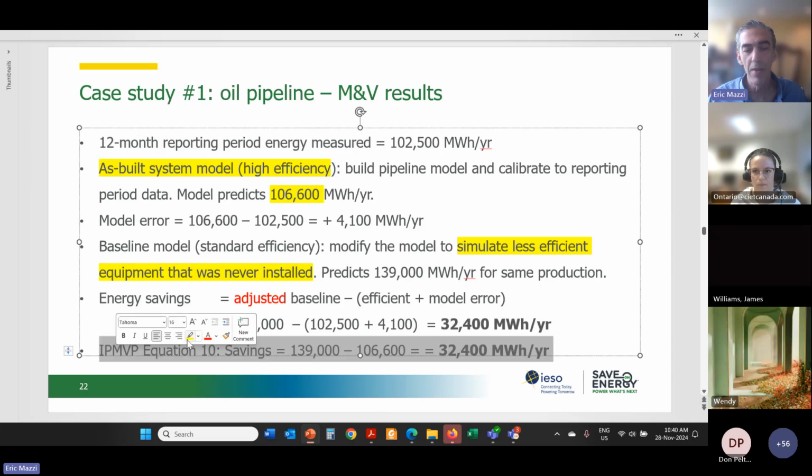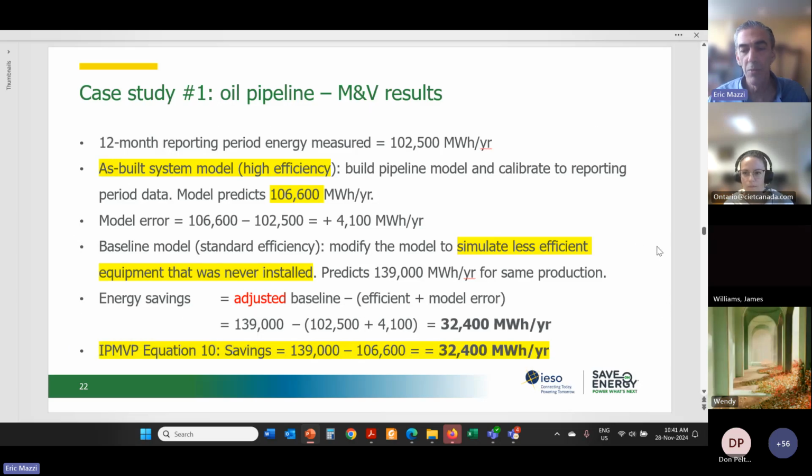If you look at IPMVP Equation 10, which is the same equation a couple slides back, the savings is the baseline model prediction for the hypothetical inefficient baseline, 139,000, minus the calibrated model result for the as-built system. That number came out to 32,400.